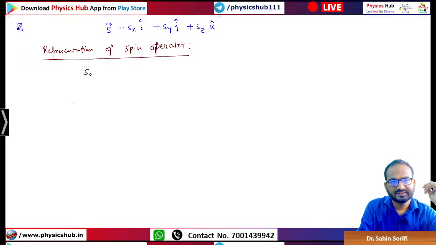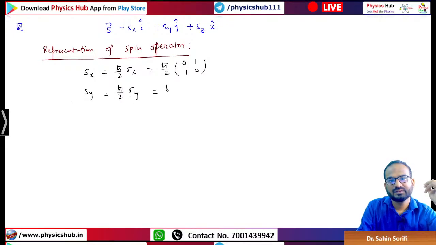So we have Sx, which is h cut by 2 sigma x, we told you. So this is h cut by 2, sigma x is equal to how much? 0 1 1 0. Then we have Sy, h cut by 2 sigma y, which is 0 minus i, plus i 0.